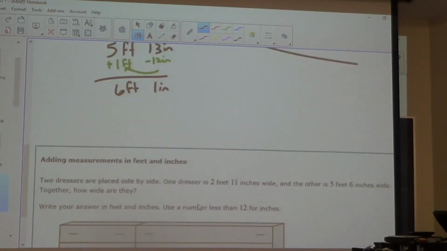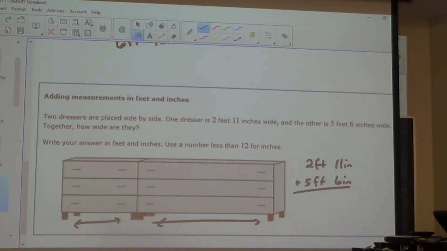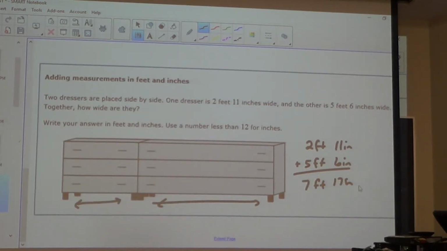So if I have furniture, and this piece of furniture is 2 feet 11 inches, and this piece is 5 feet 6 inches. Well, a lot of us would just add, and say, hey, we need 7 feet 17 inches. But what's wrong with that? There's no 17 inches. What's the most inches we can have? 12. So we take 12 inches away and call it a foot.